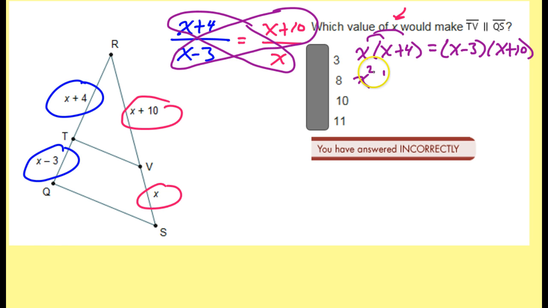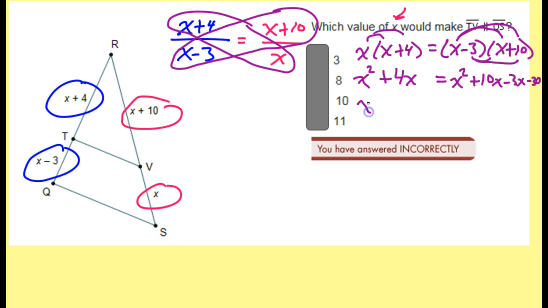I will have x squared plus 4x. Over here, I've got to FOIL this, or really you're doing the distributive property twice. x times x is x squared. x times 10 is 10x. Now I'm distributing this negative 3. Negative 3 times x is negative 3x, and negative 3 times 10 is negative 30.